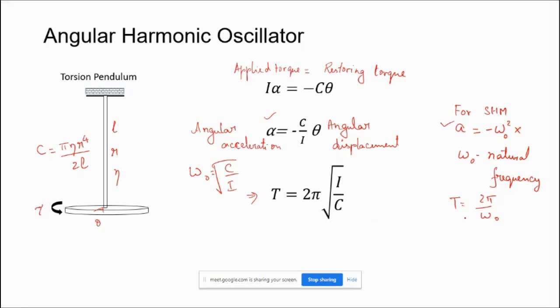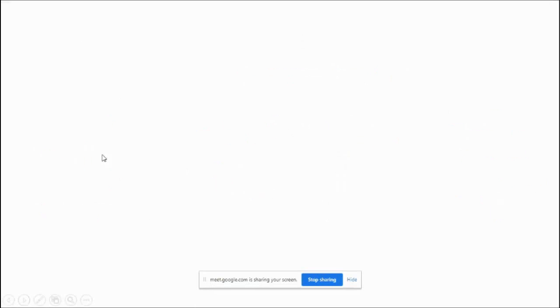So what is the basis on which we get the time period T equal to 2 pi by omega naught? Let us analyze it based on our consideration of uniform circular motion. When I say uniform circular motion, I have a bead that is moving with a constant angular velocity in a circular path.